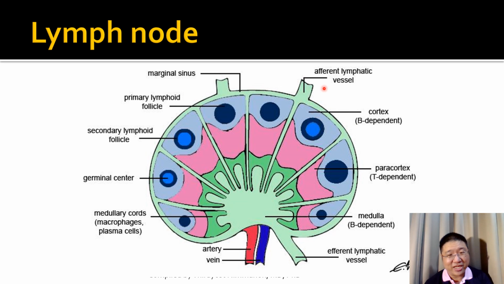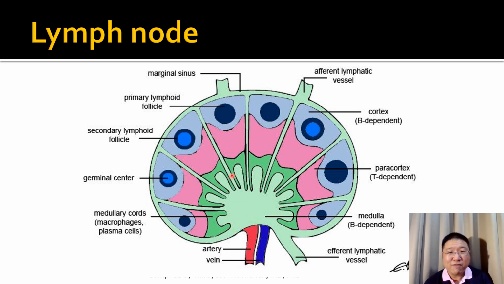So this structure is very important for you to memorize. If I ask which area in the lymph node will be involved by metastatic carcinoma first, the answer will be the subcapsular area, as the afferent lymphatic vessels enter the lymph node on the capsular side of the lymph node.